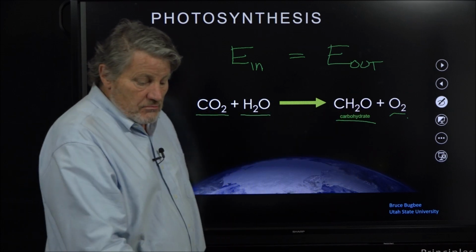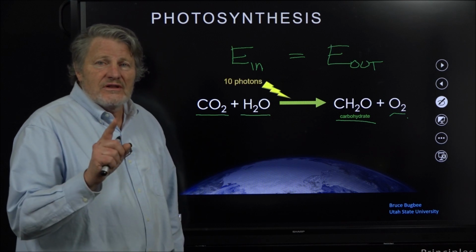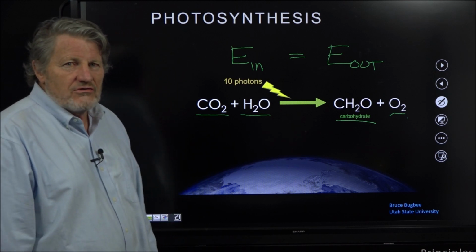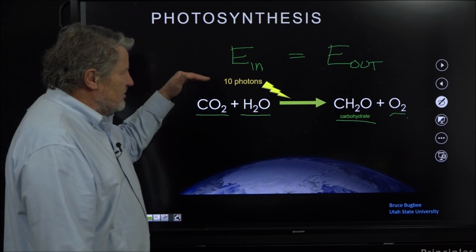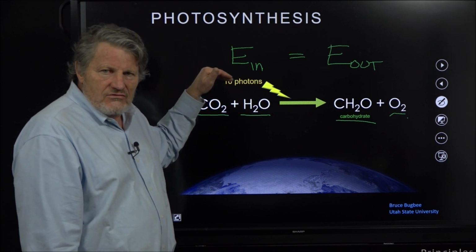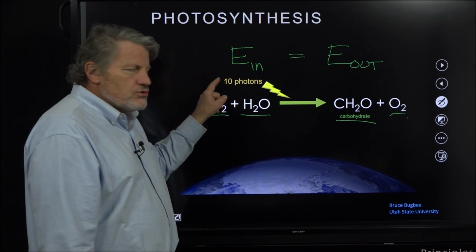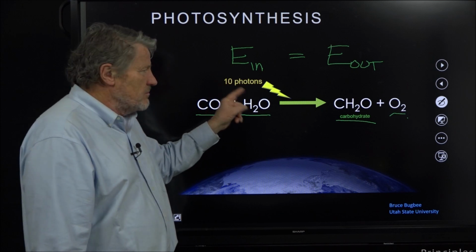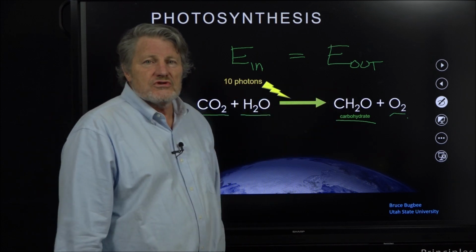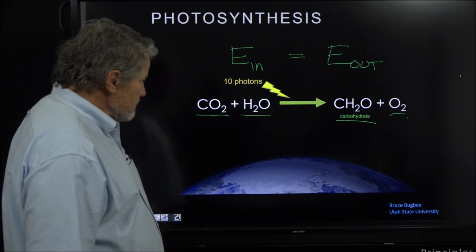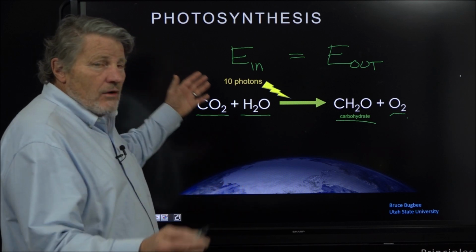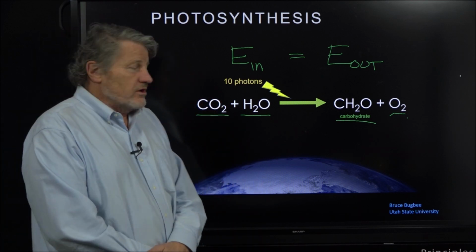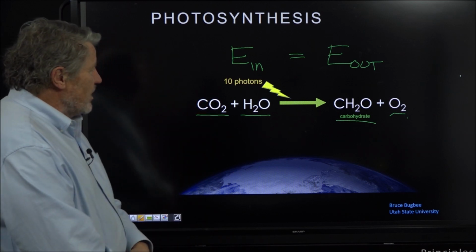The answer is, in more advanced books, light, and particularly photons, and particularly 10 photons. This is close to the theoretical minimum number of photons to push this equation across. So, how are we going to derive grams per mole of photons from this 10 photons?